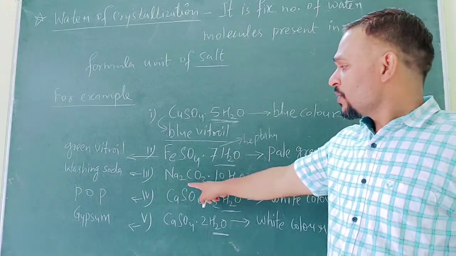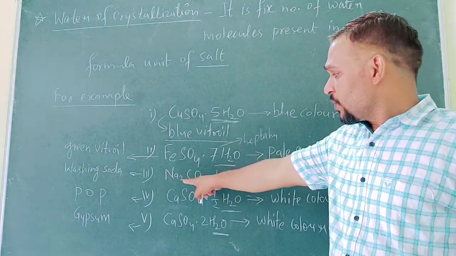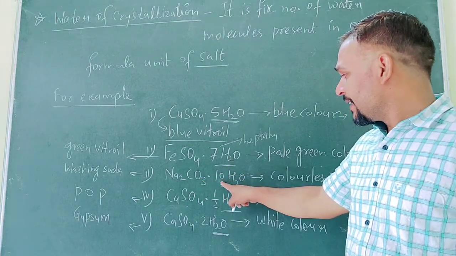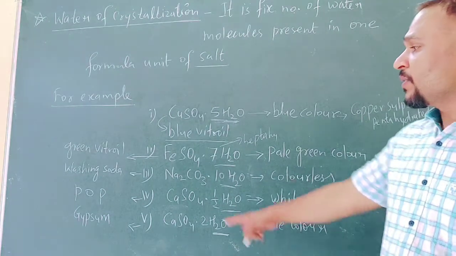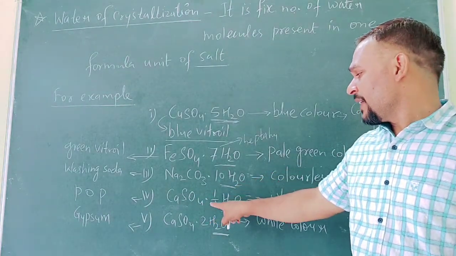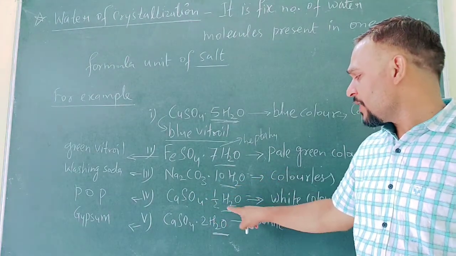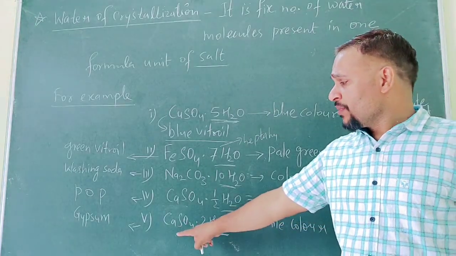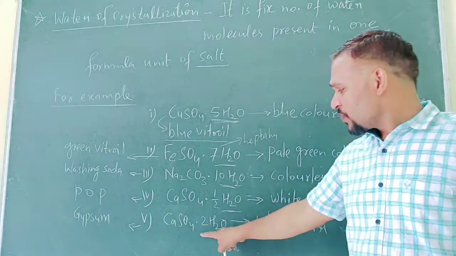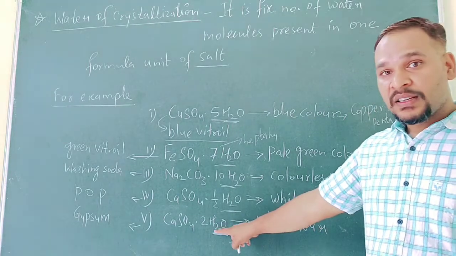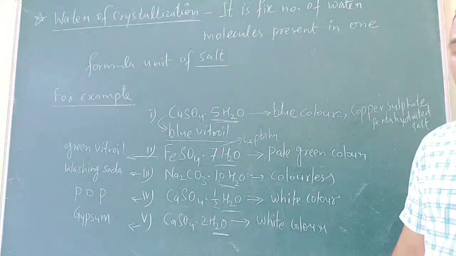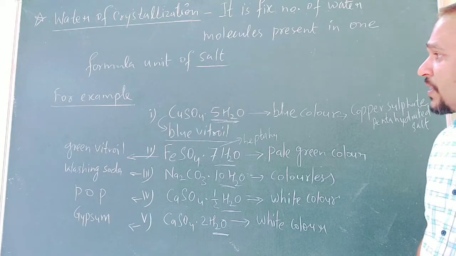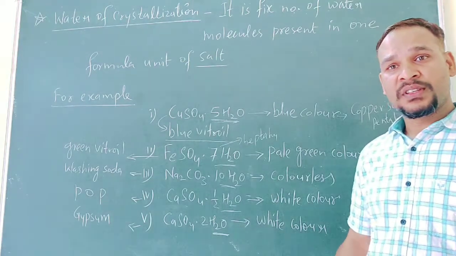The chemical name of washing soda is sodium carbonate decahydrated salt, 10. The chemical name of POP is calcium sulfate hemihydrated, meaning half H2O. The chemical name of gypsum is calcium sulfate dihydrated salt. So in this way, I hope you enjoyed the video. Thank you so much.